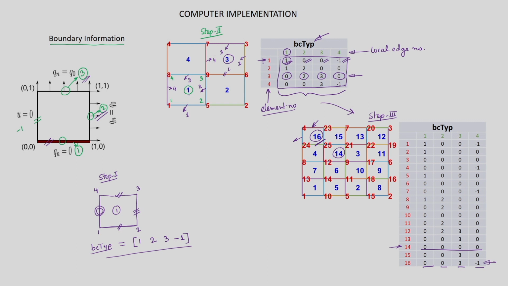There is also a free tool available for 2D problems, like GMSH, which you can use to get this set of information. But in that case you have to follow the manual, because the format may not be the format that we are using here.